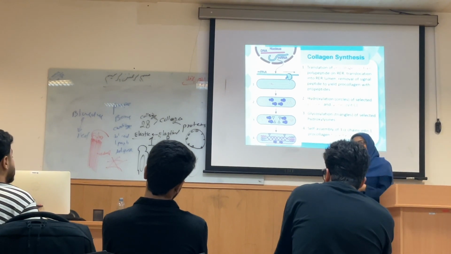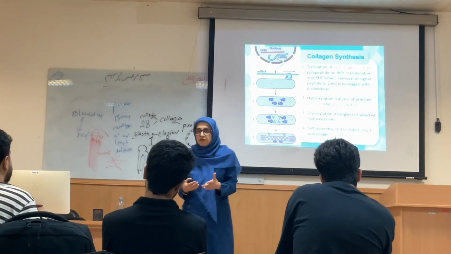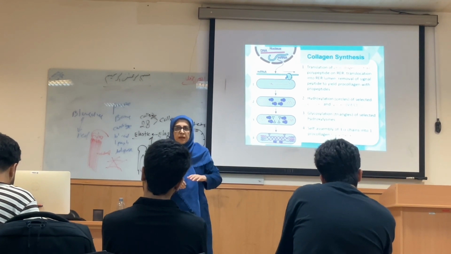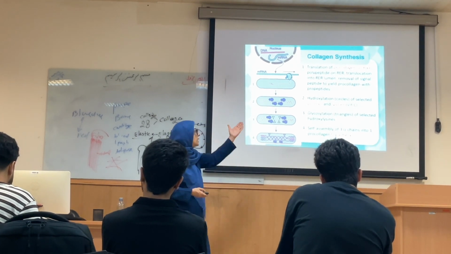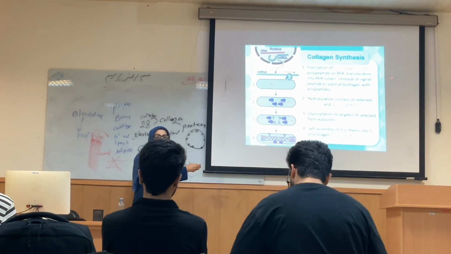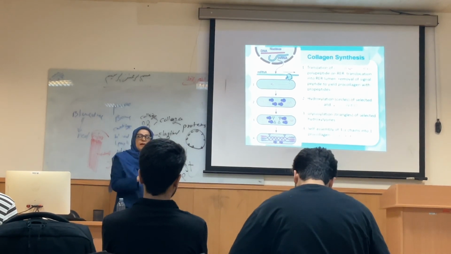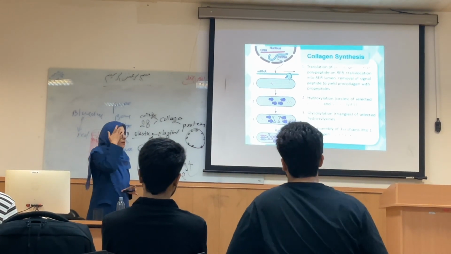But as I said yesterday, some post-translational modifications occur in the lumen of the RER during collagen synthesis. The hydroxylation of two amino acids, proline and lysine, occurs in the lumen of the ER.